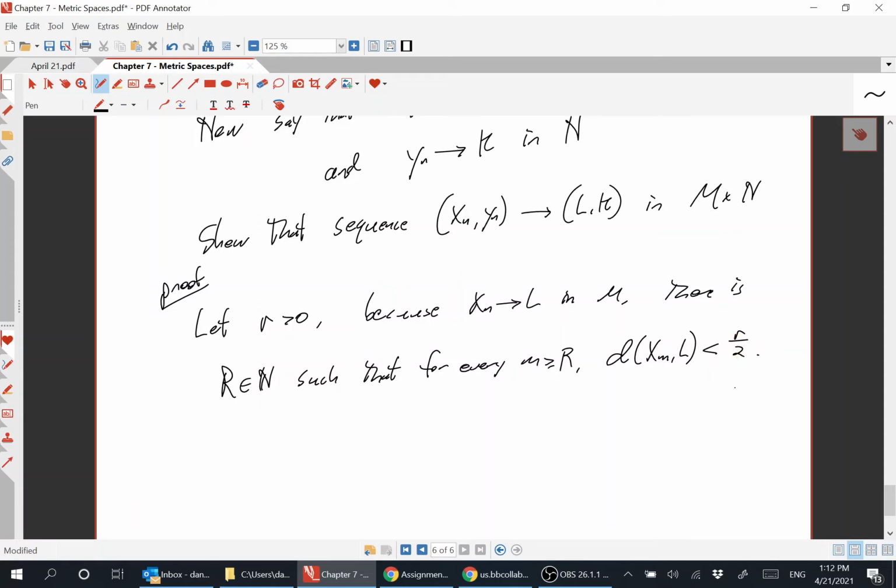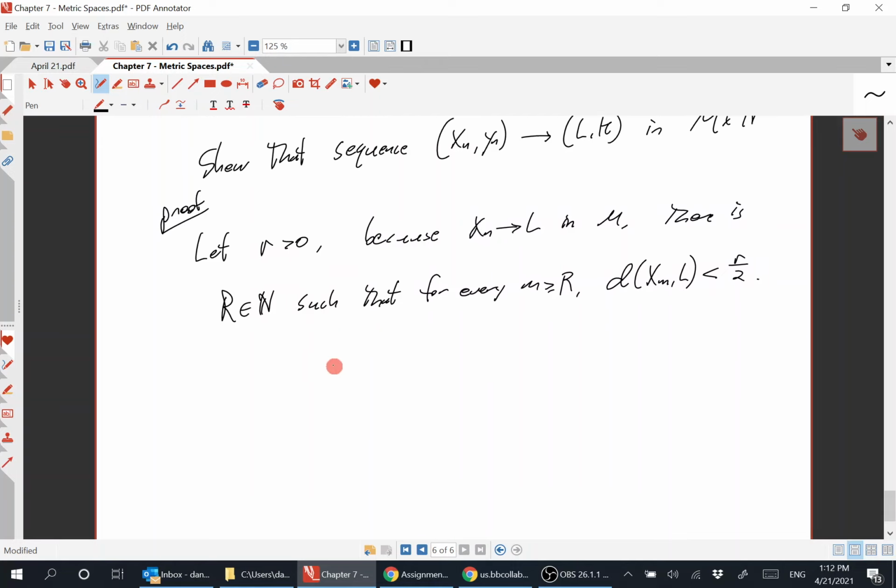Because r is bigger than 0, so is r over 2.